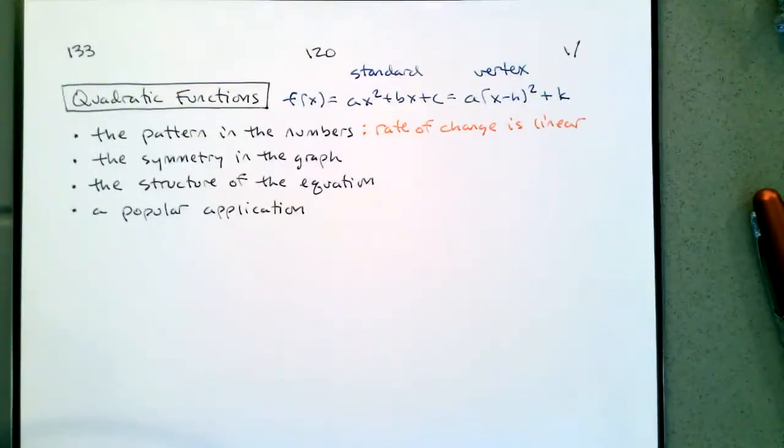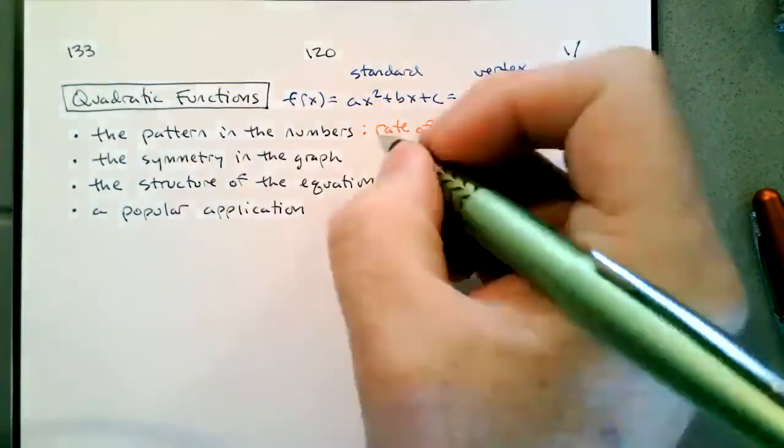We also want to talk about the symmetry in the graph. This led us to view that the left side was just a mirror image of the right side. So the symmetry of the graph of a quadratic function is, we have this vertical symmetry. So the graph of a quadratic function is called a parabola.